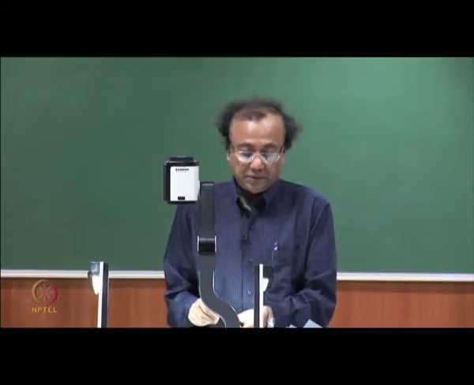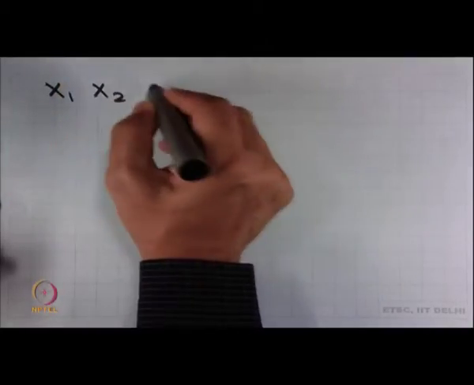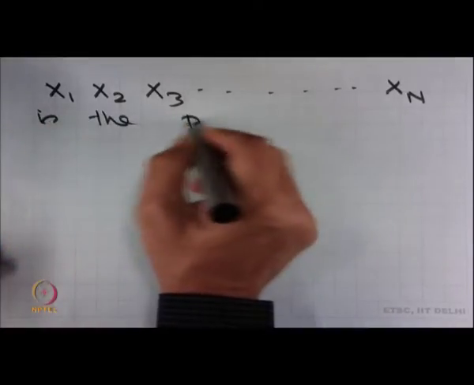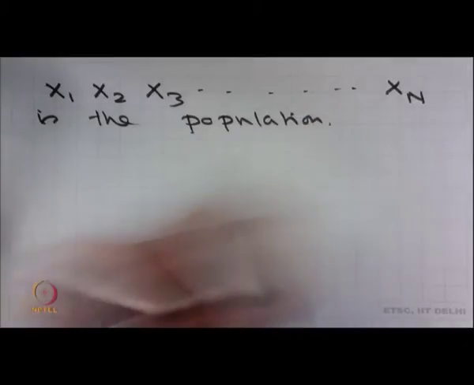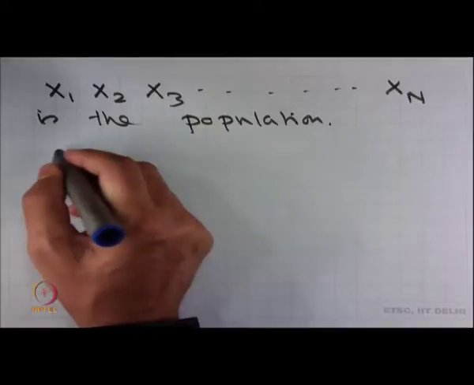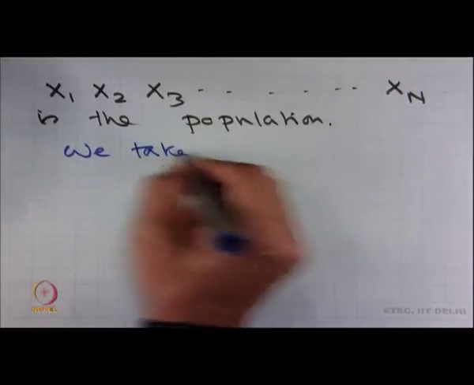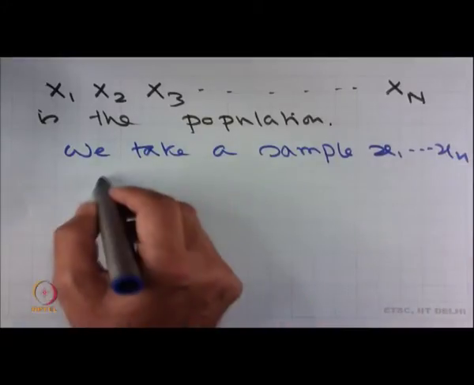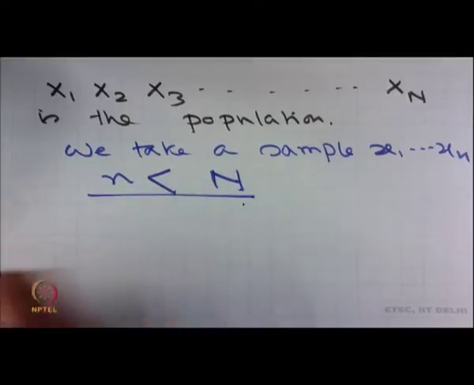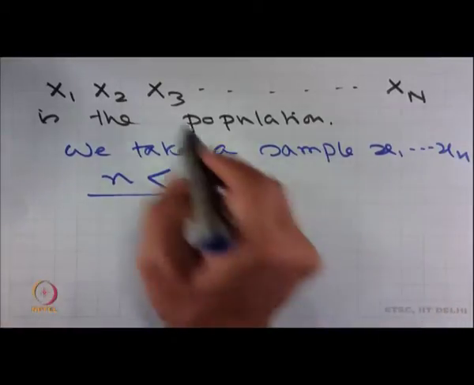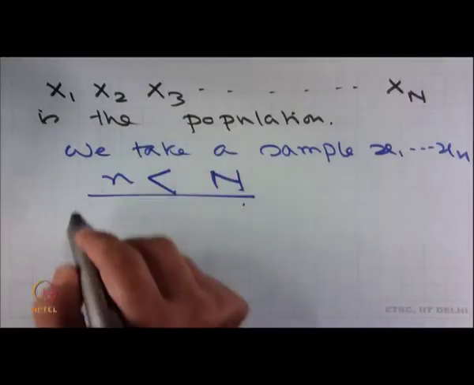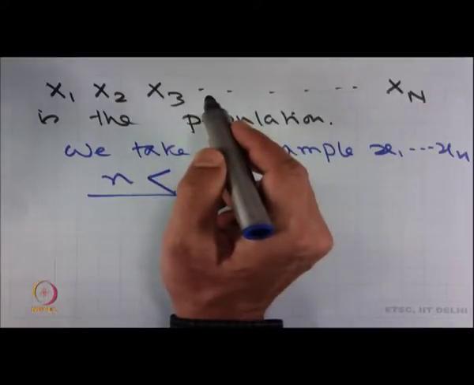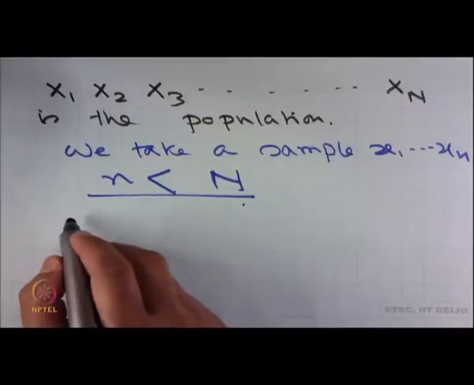Suppose x1, x2, x3, ..., xN is the population, and we take a sample x1, x2, ..., xn, where n is much less than N. If after taking one sample, we put it back again into the population before choosing the next sample, this is called simple random sampling with replacement.